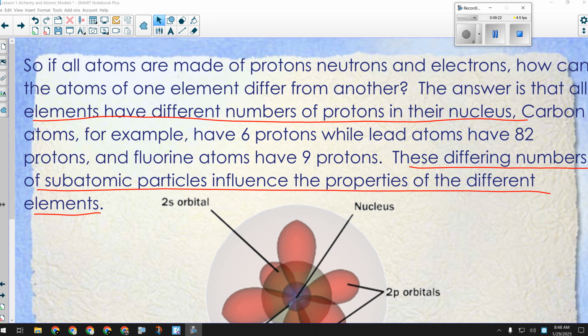Is there a way to change the atoms of one element into atoms of another element? There is. You have to change the nucleus. If you change the number of protons in the nucleus, then you change the element.